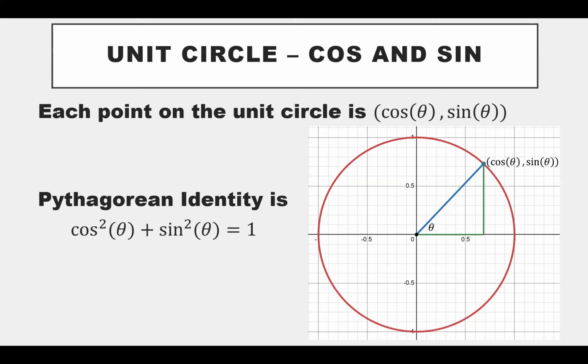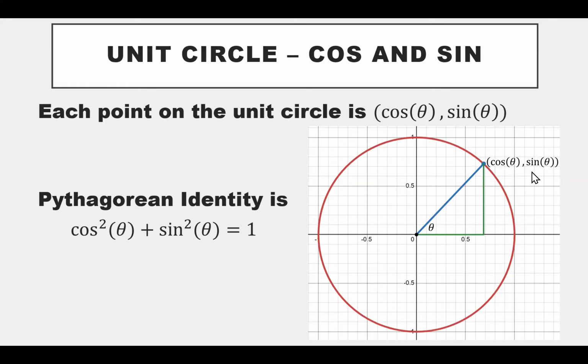On the unit circle, that is the circle of radius 1 centered at the origin, if I have an angle theta that I measure from the x-axis to some line through the origin, well, then the point of intersection with the circle and the terminal ray of the angle is going to be cosine of theta, comma, sine of theta. We can define cosine and sine like that.